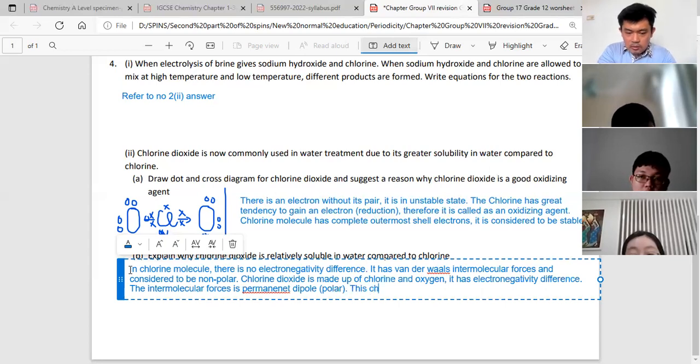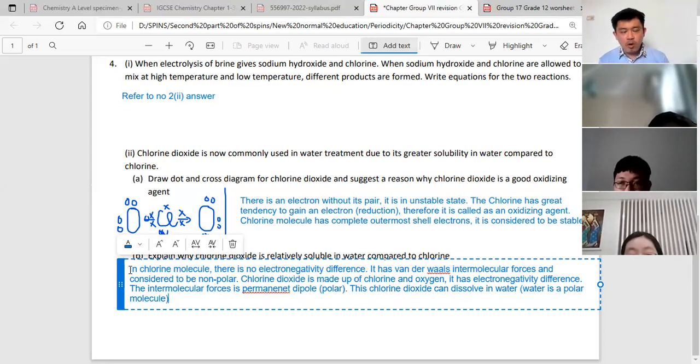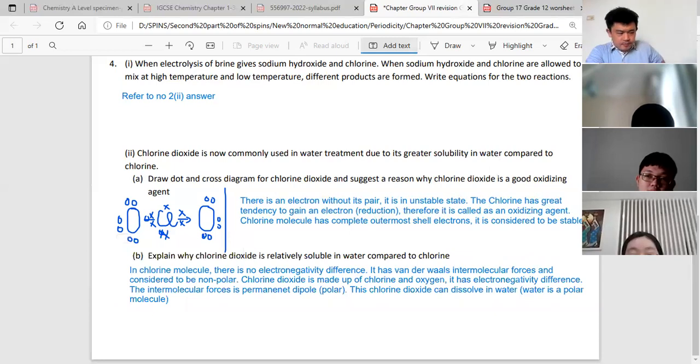This chlorine dioxide can dissolve in water, in which water is a polar molecule. So, based on the rule, polar dissolves in polar, non-polar dissolves in non-polar, non-polar cannot dissolve in polar, and also polar cannot dissolve in non-polar. Okay, so this is the review that we are having today, preparation for tomorrow's test.